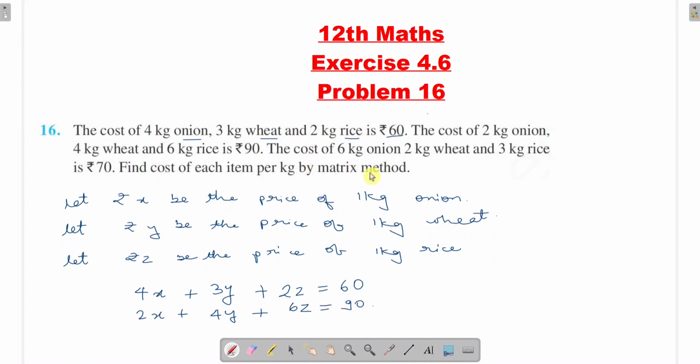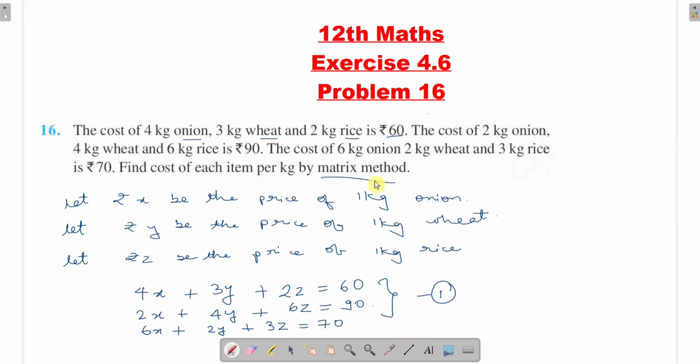Then the cost of 6 kg onion, so we will get 6x plus 2 kg wheat, that means 2y, plus 3 kg rice, that means 3z, that is equal to 70. So this is the system of equations we get, and we will call it 1.